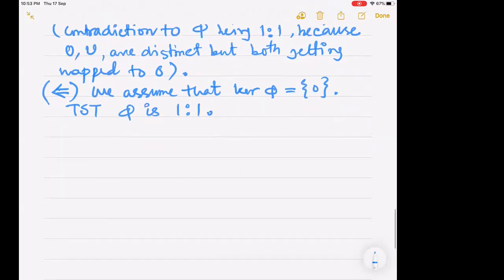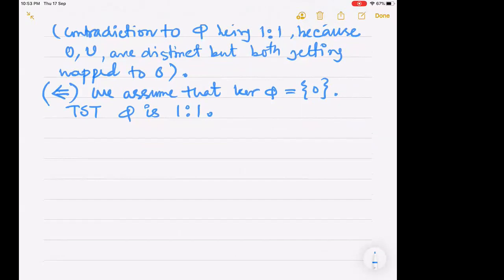For that, this means to show that phi v1 equal to phi v2 implies v1 is equal to v2.